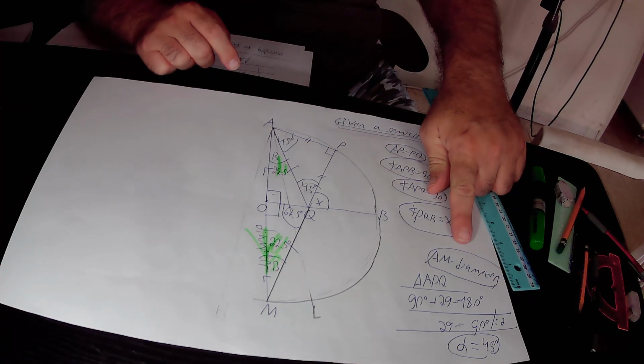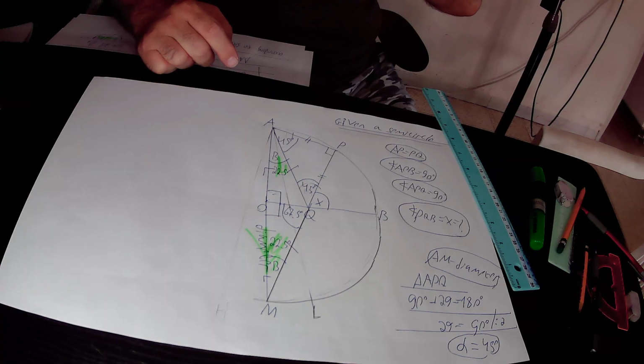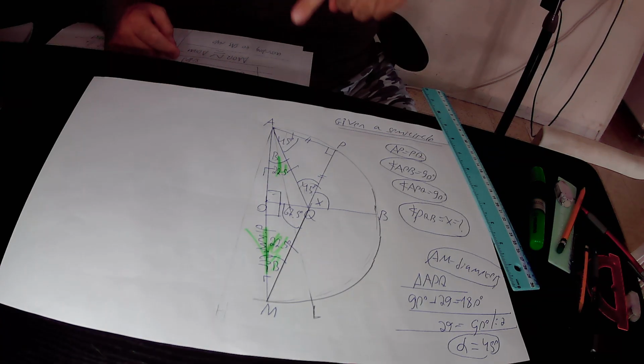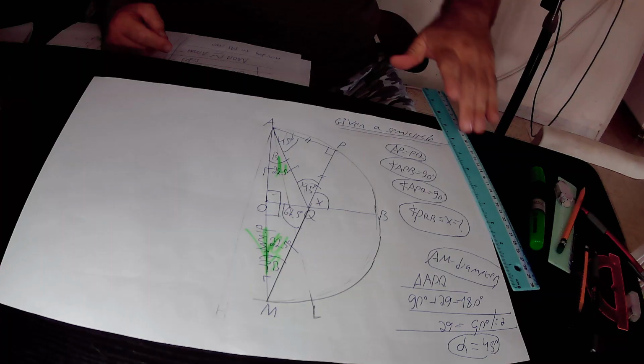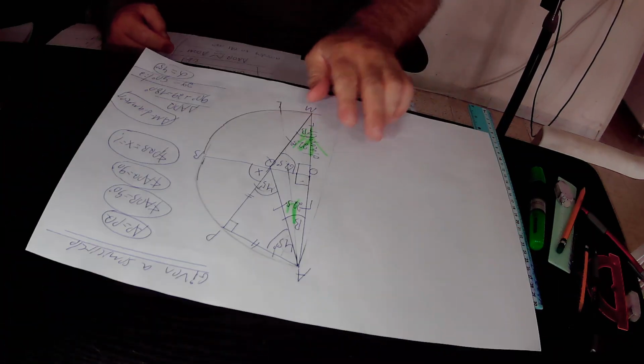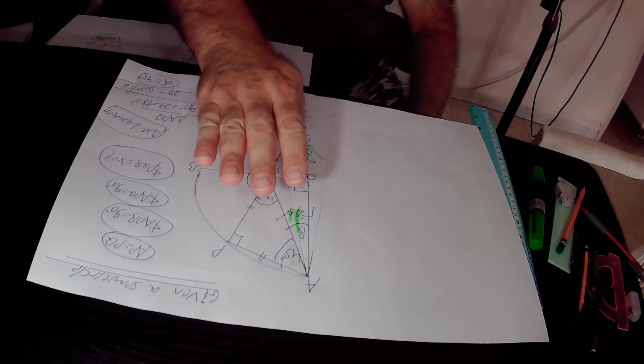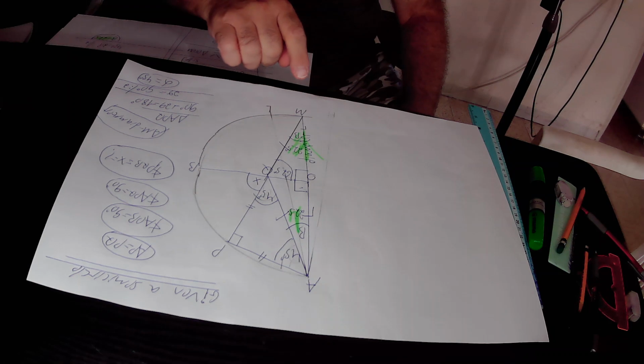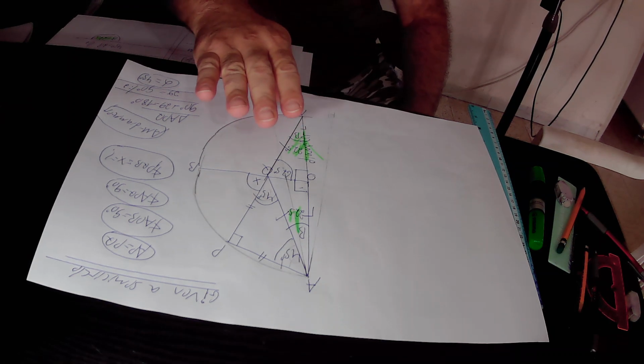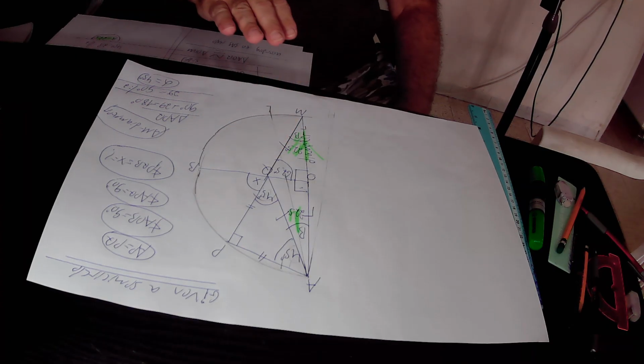AM is the diameter, it is absolutely a straight line. Although it doesn't look like a straight line here, that is the problem of the drawing itself. AM is definitely a straight line, it's a diameter.